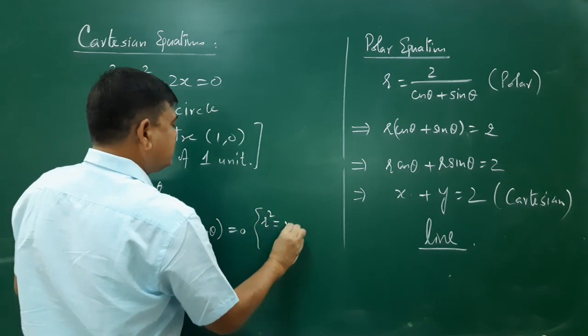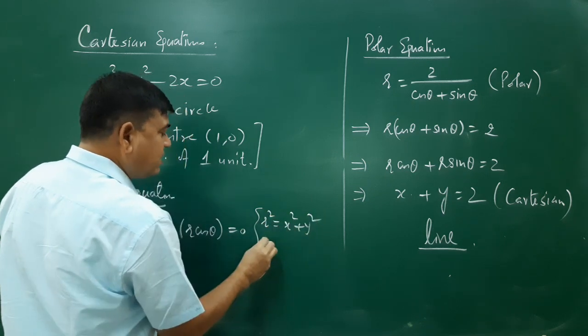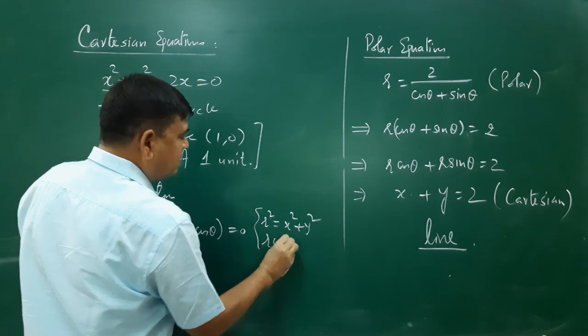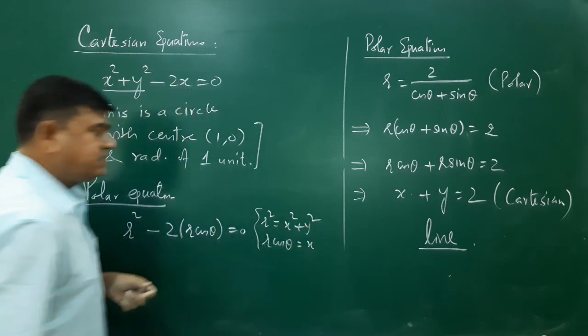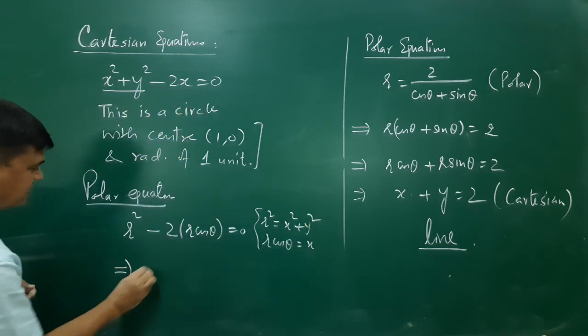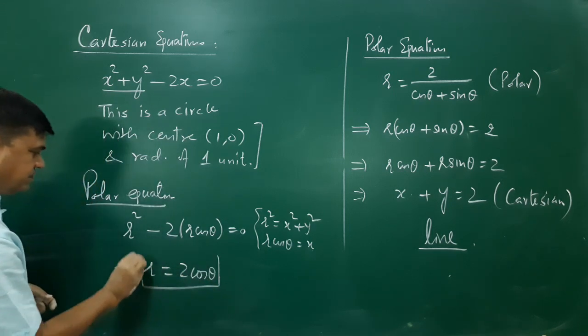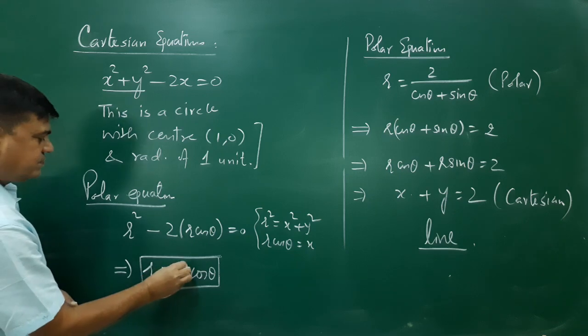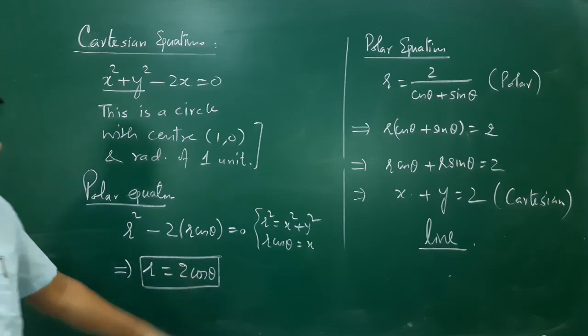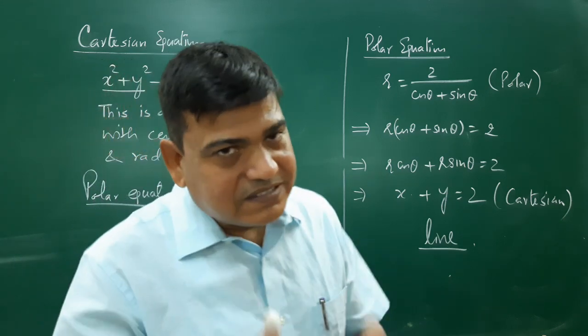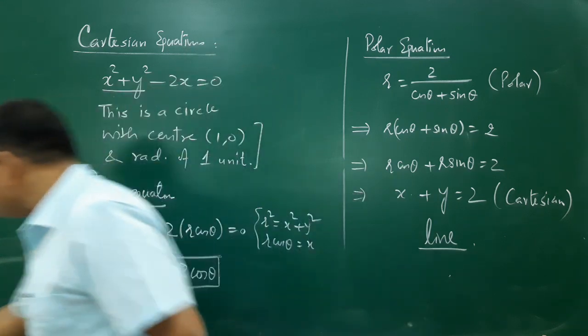R square is x square plus y square and r cos theta is x. So this implies r equals 2 cos theta. So r equals 2 cos theta is the equation of a circle.